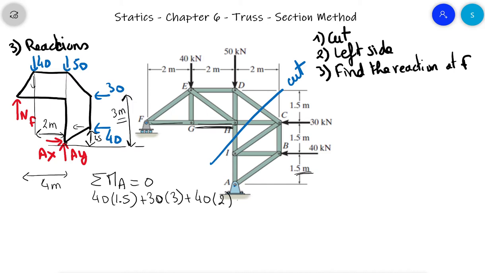And minus NF times the horizontal distance between NF and A, that is 4 meters, equal to 0.